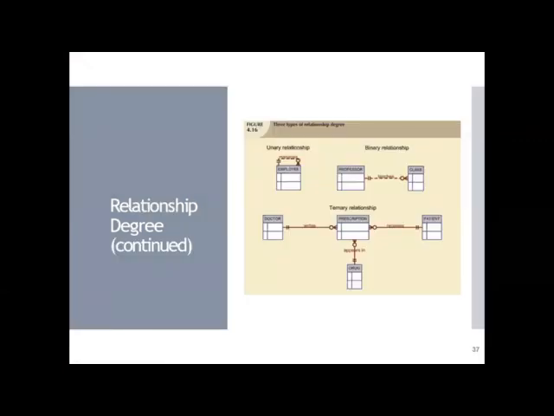Relationship degree. In this slide, we can see three types of relationship degree. This we can call a unary relationship because there is only one entity. And then this is binary because there are two entities in the relationship.